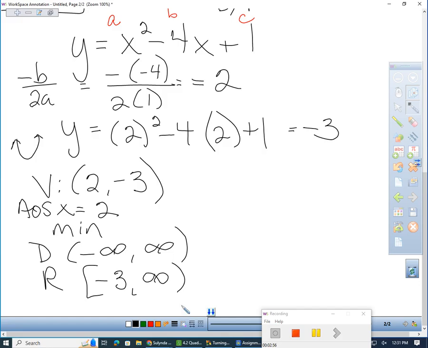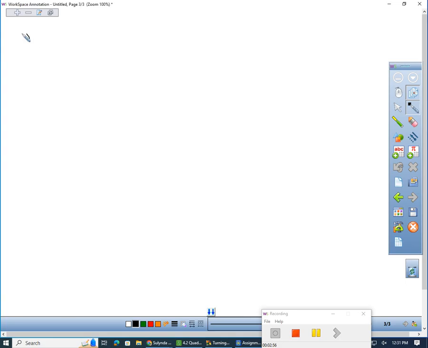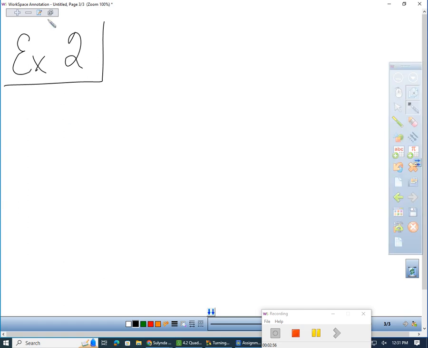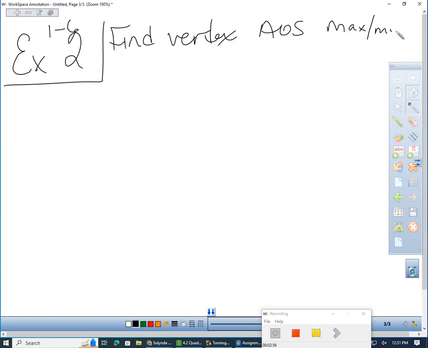Example number 2. All right. So on your worksheet today, 1 through 6: find the vertex, axis of symmetry, max or min, domain and range.